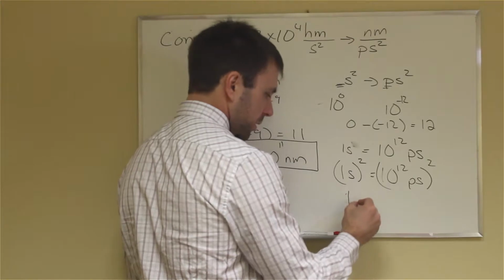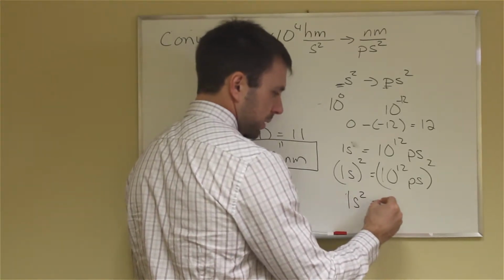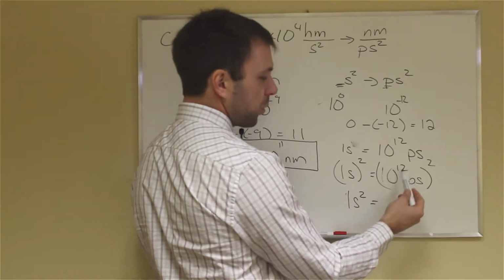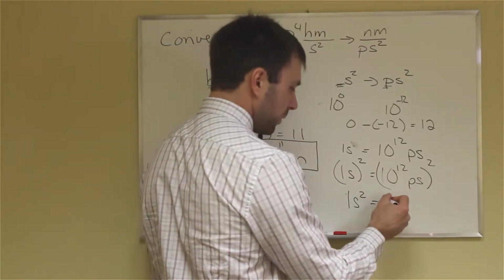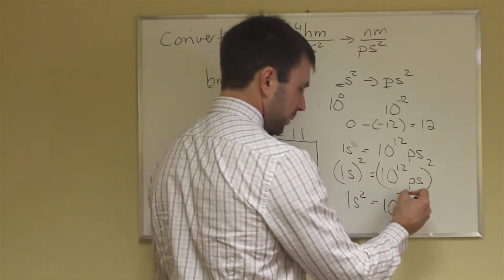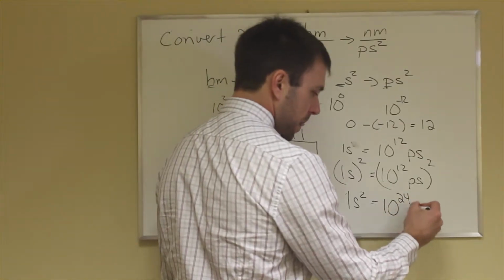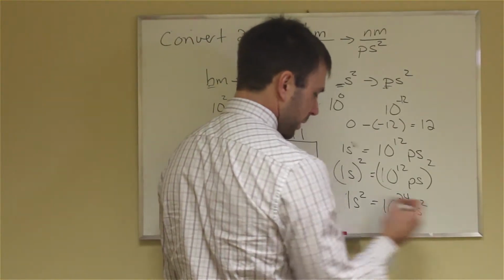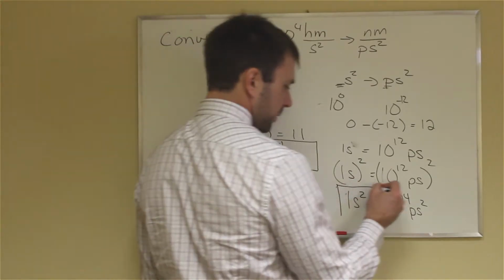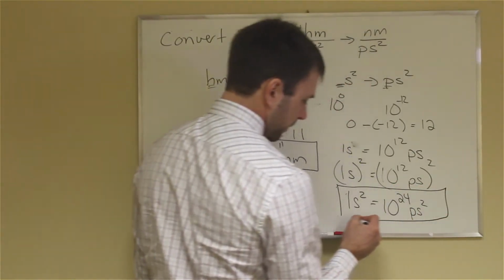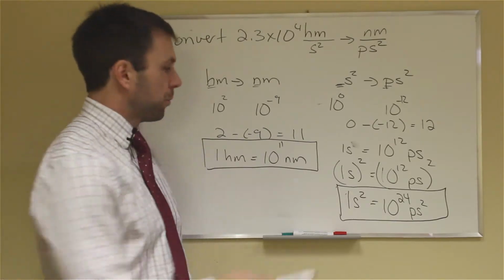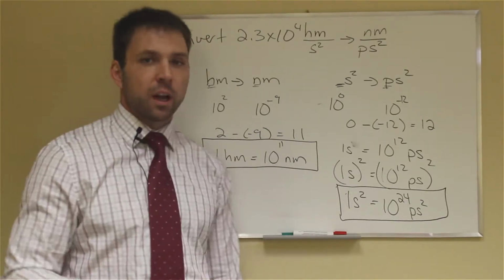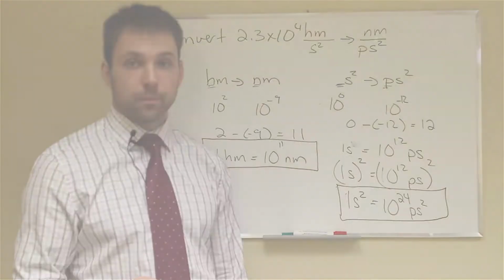So I get 1 second squared is equal to 10 to the power of 12 to the power of 2, so it's going to be 12 times 2, which gives me 24. So 10 to the power of 24 picoseconds squared. And again, I'll put a box around that. Now that I have both my conversion factors, I can go on to multiplication.